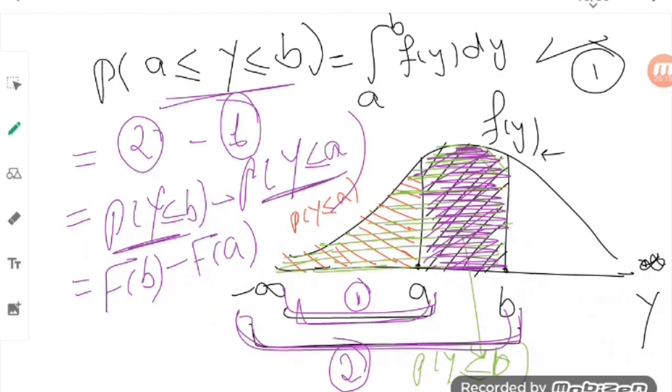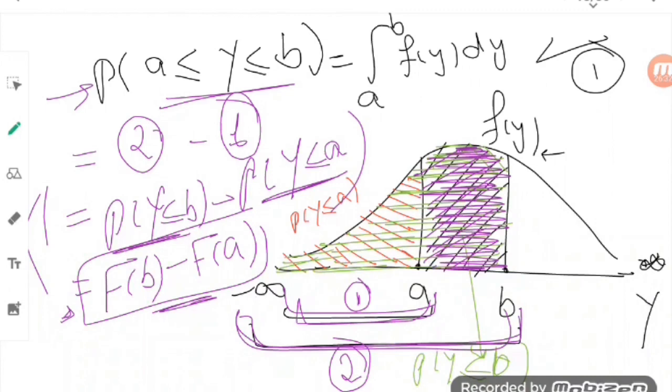That's why the probability in this statement can be transformed into a statement with respect to the cumulative distribution function, which shows us how we can easily compute the probability from the cumulative distribution function.